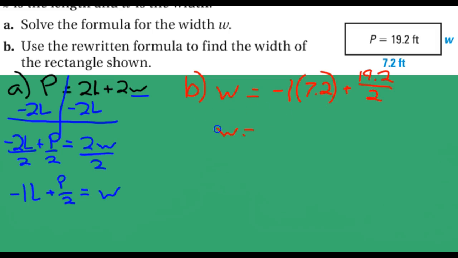So my new equation then will be negative 1 times 7.2, which is negative 7.2, plus 19.2 divided by 2, which gives me 9.6.